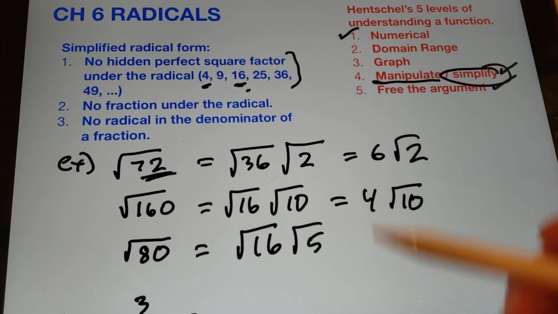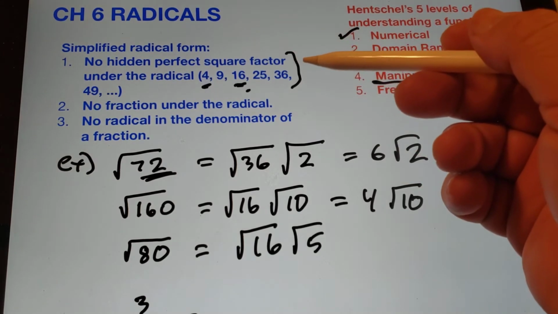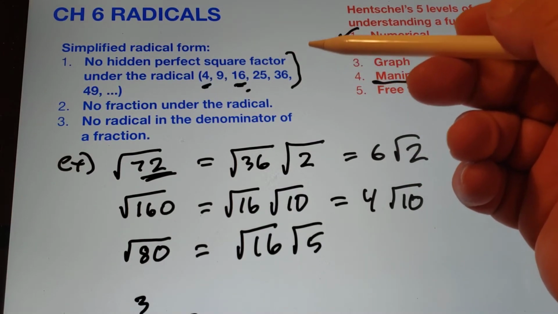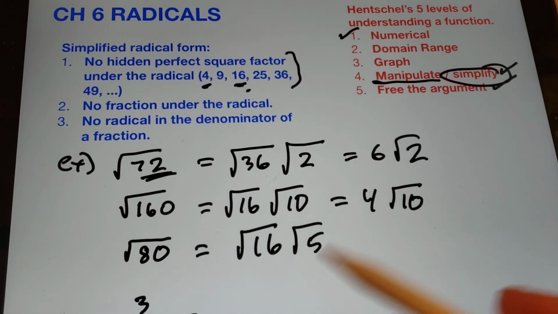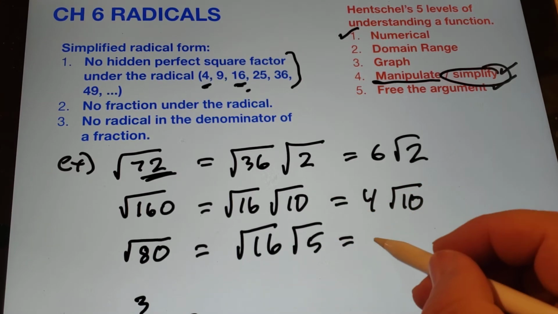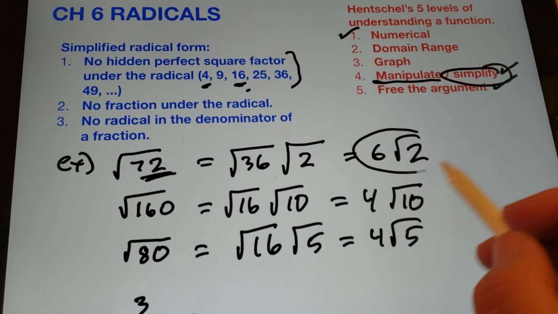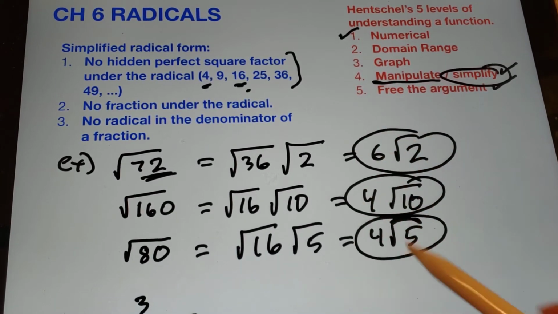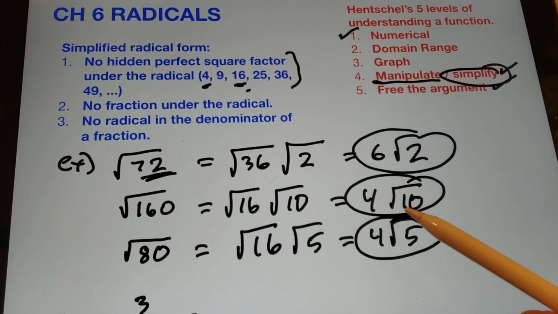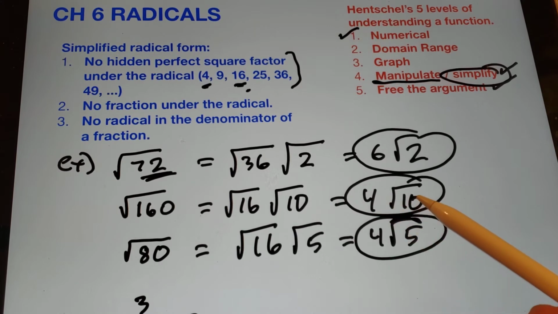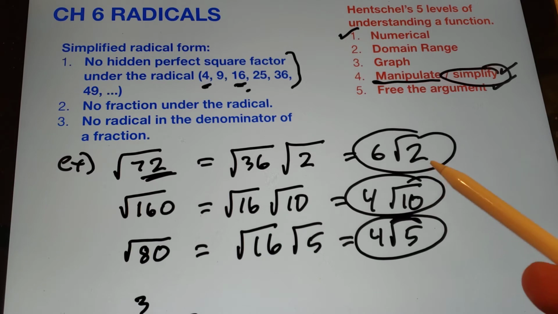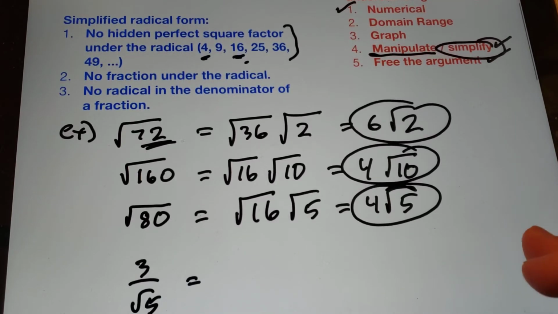The rule we're following is this one here, but to get the best outcome, pick the largest one. All right, so I did that, and I'm going to get 4 times the square root of 5. So all of these are what simplified radical form will look like. You may or may not have the number here, but you certainly will not have a hidden perfect square factor underneath the radical.